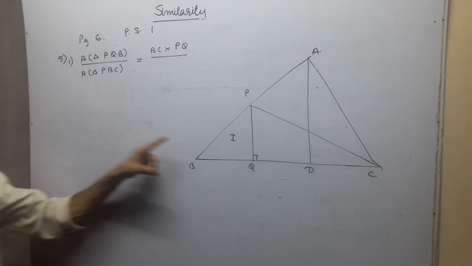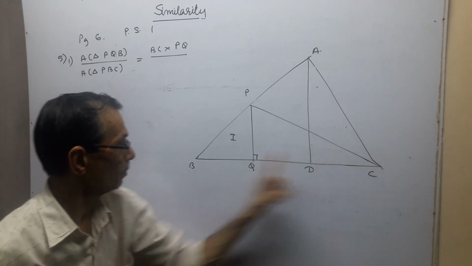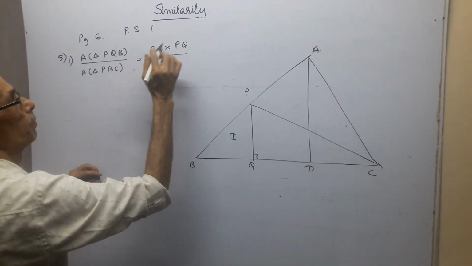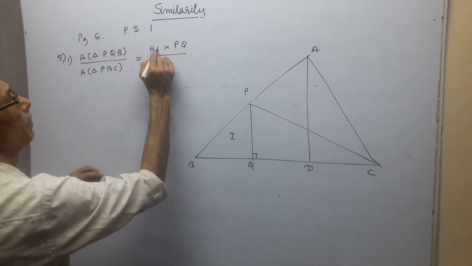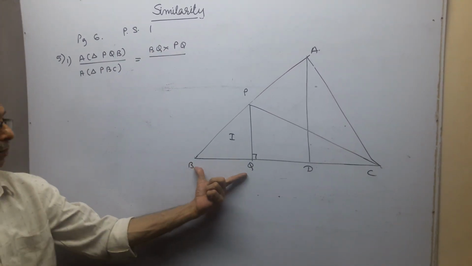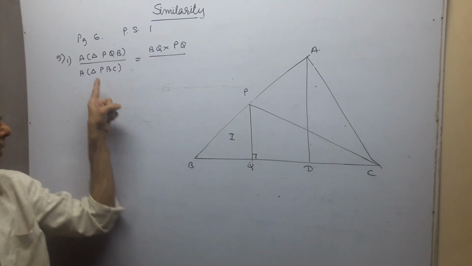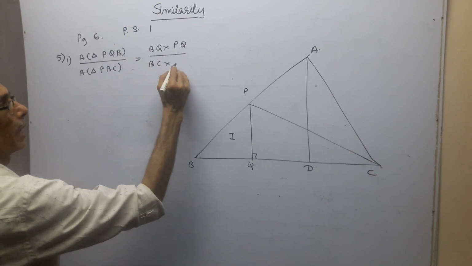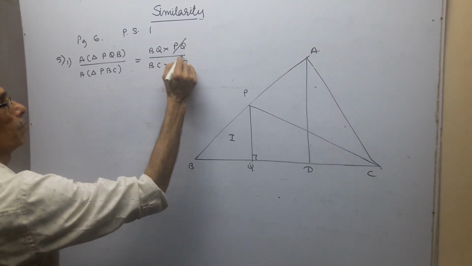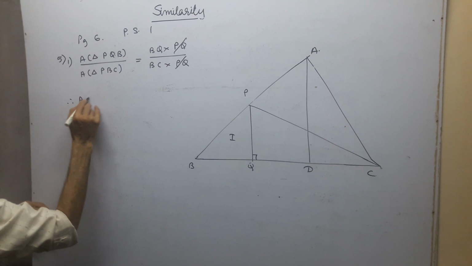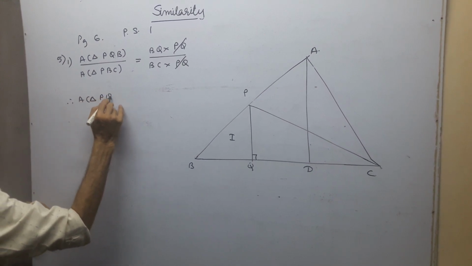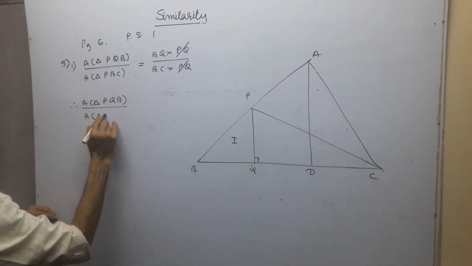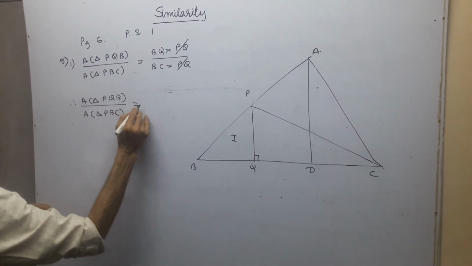In triangle PBC, BC is the base and PQ is height. Height is the same, will get cancelled, and therefore area of triangle PQB upon area of triangle PBC is equal to BQ upon BC.